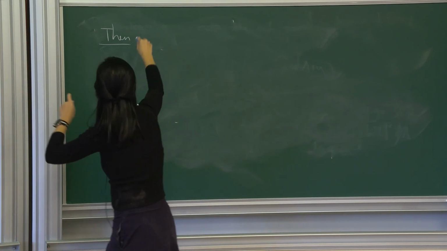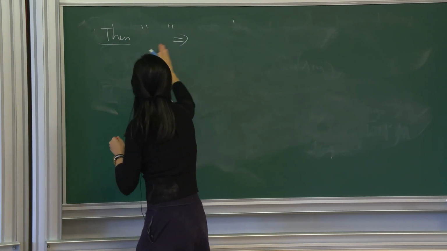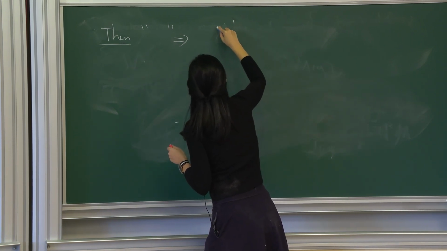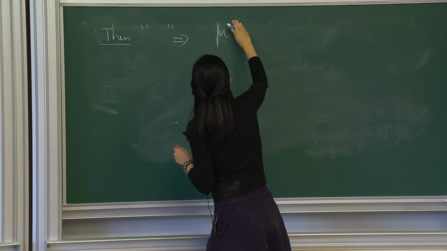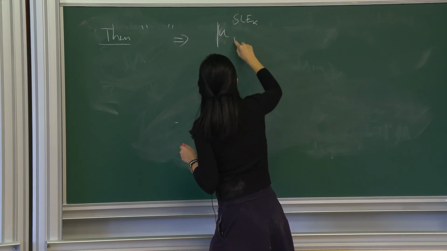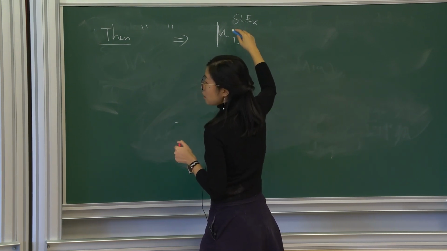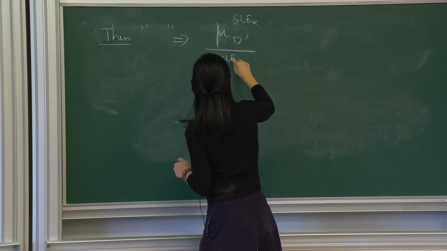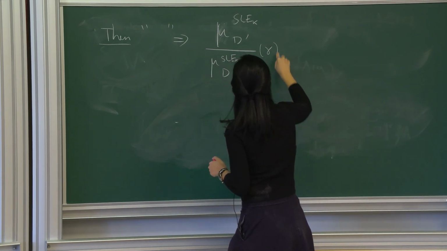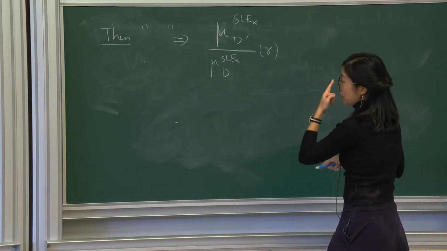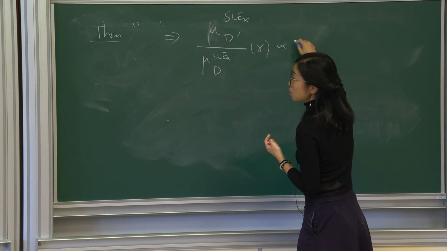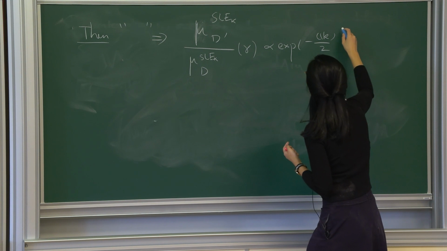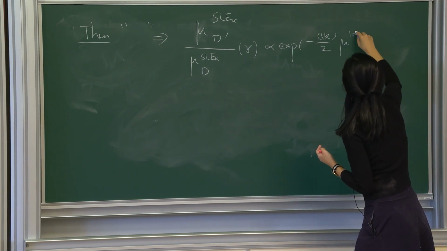Then this philosophy implies the measure mu SLE inside D prime, SLE kappa, for each gamma, their density will be proportional to exponential of minus c kappa over 2 times mu loops.